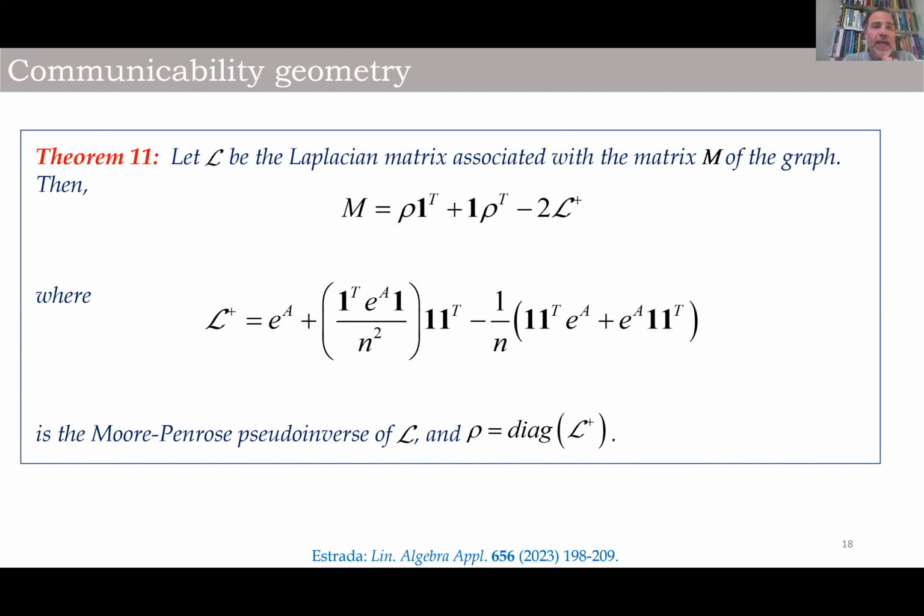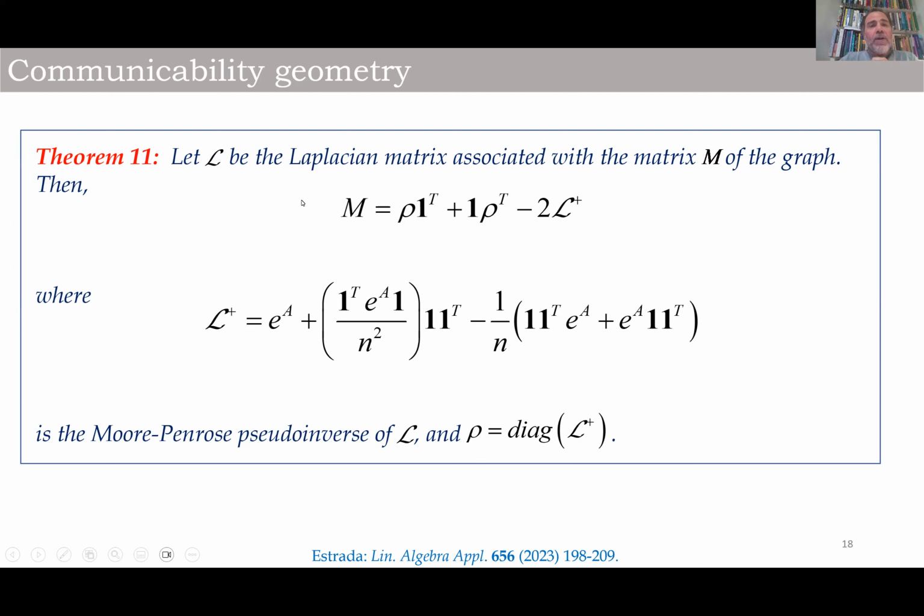If this L is the Laplacian matrix associated with the communicability distance matrix, we can write down this communicability distance matrix in terms of the Moore-Penrose pseudo-inverse of this Laplacian, in this way, in which the pseudo-inverse can be obtained analytically, and this term here is just the diagonal of the pseudo-inverse of this Laplacian.